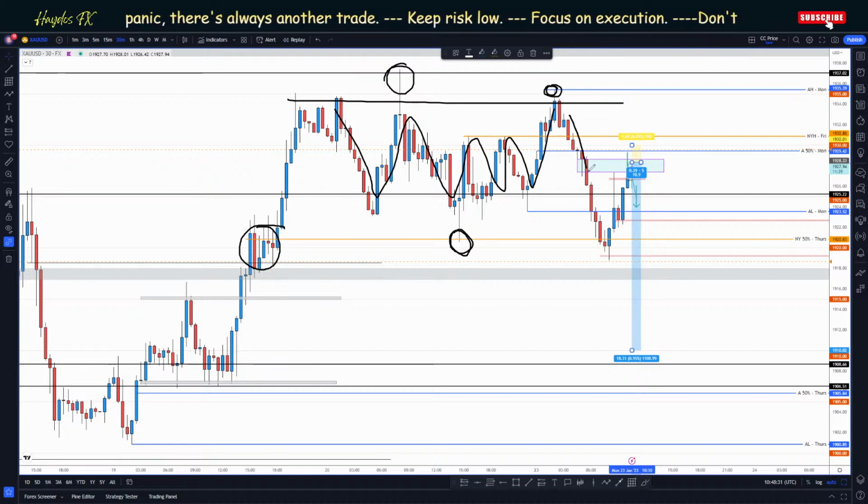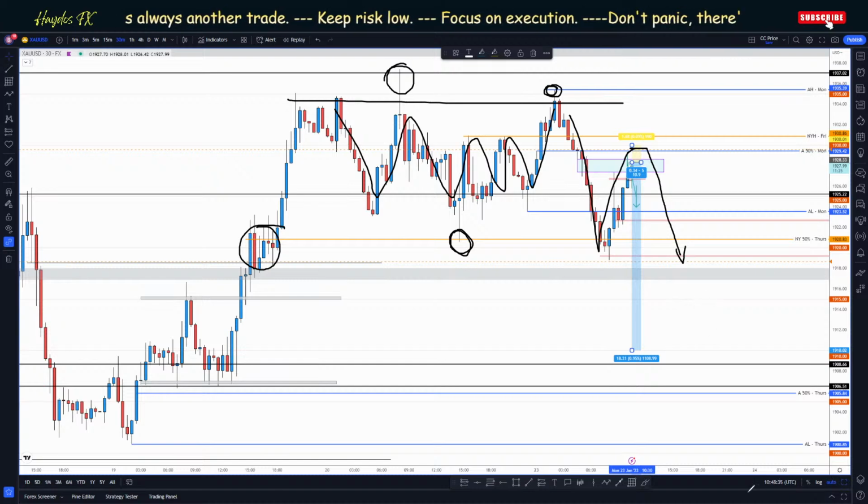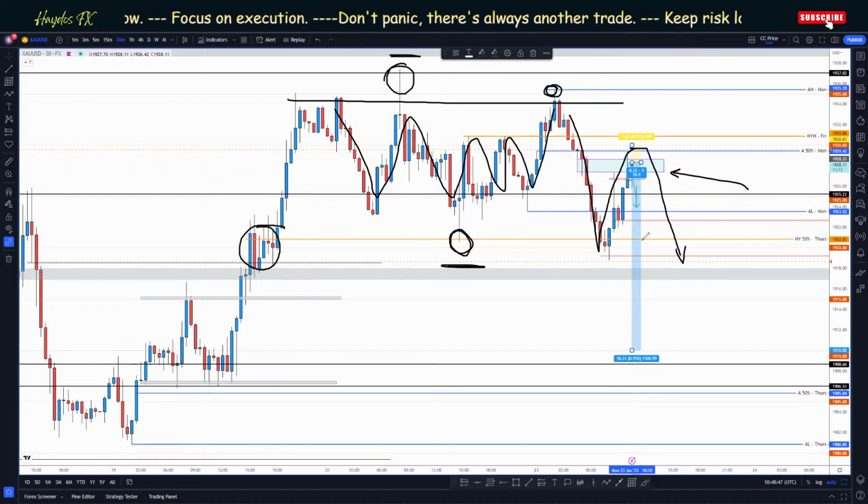So to me, it makes sense to pull back and then retest the low again. Unless it's one of those really volatile days and it could break the high and the low. But I would expect it to pull back a little bit.